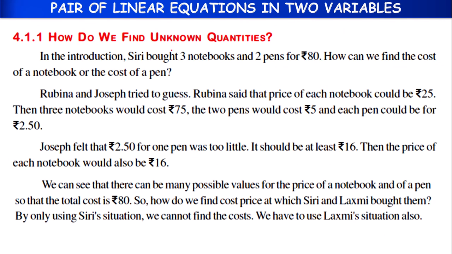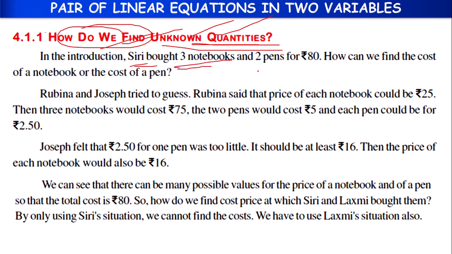Here the cost of notebook is unknown, children. The cost of pen is unknown. These are unknown quantities. Now how do we find them? That is the main task. Siri has brought 3 notebooks and 2 pens for rupees 80.